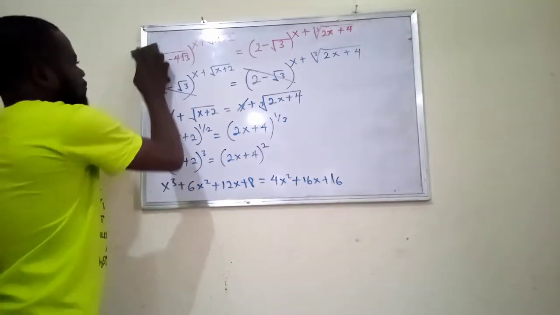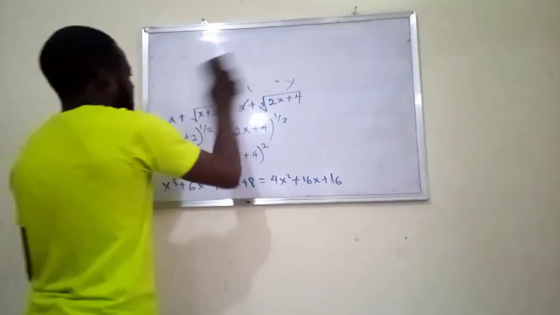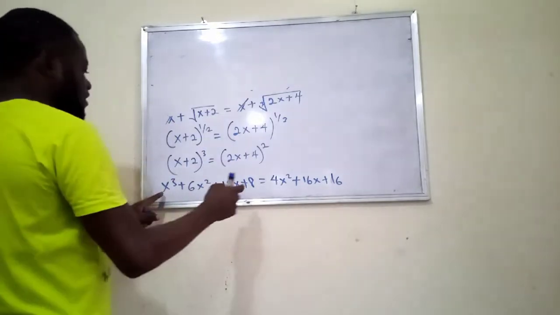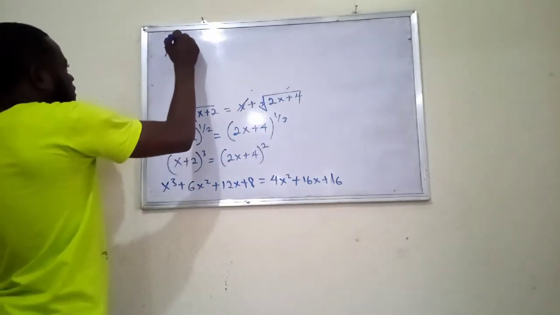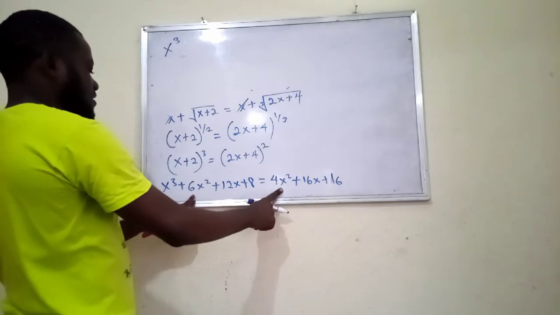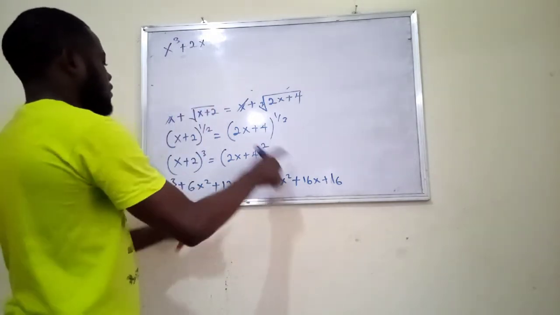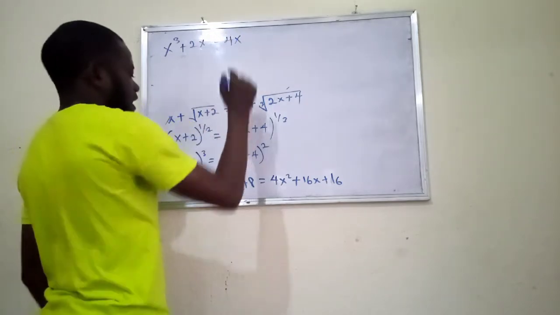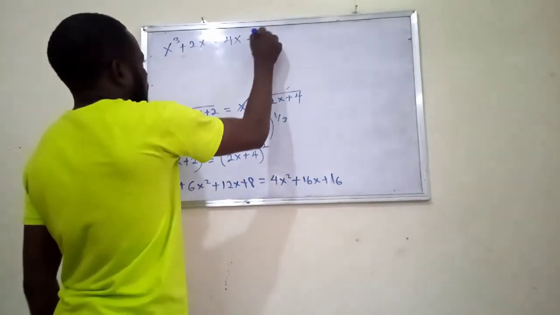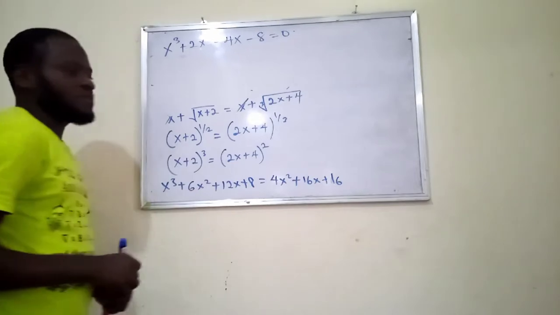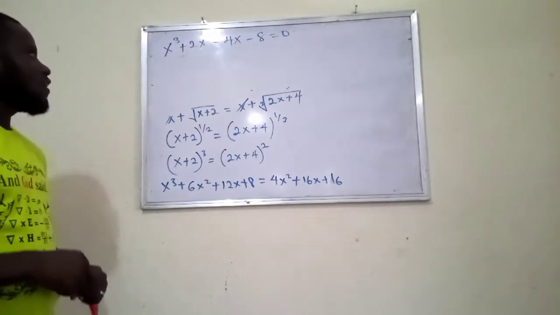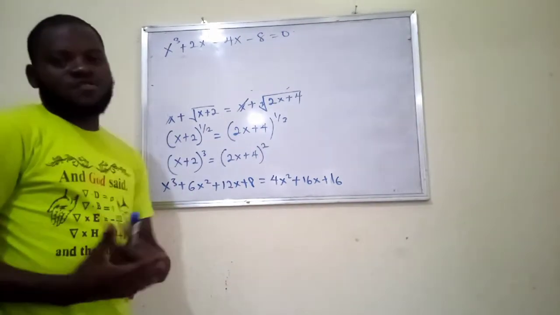Okay, if this should be the case, I can then proceed by saying this remains x cubed. This and this will give us plus 2x squared. And this and this will give us minus 4x. And this and this will give us minus 8 equals 0. Okay, this is a cubic equation now.